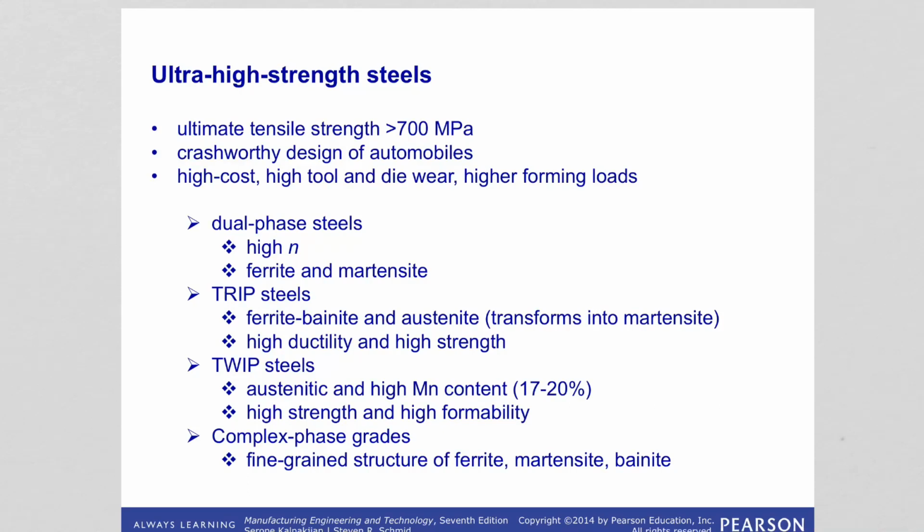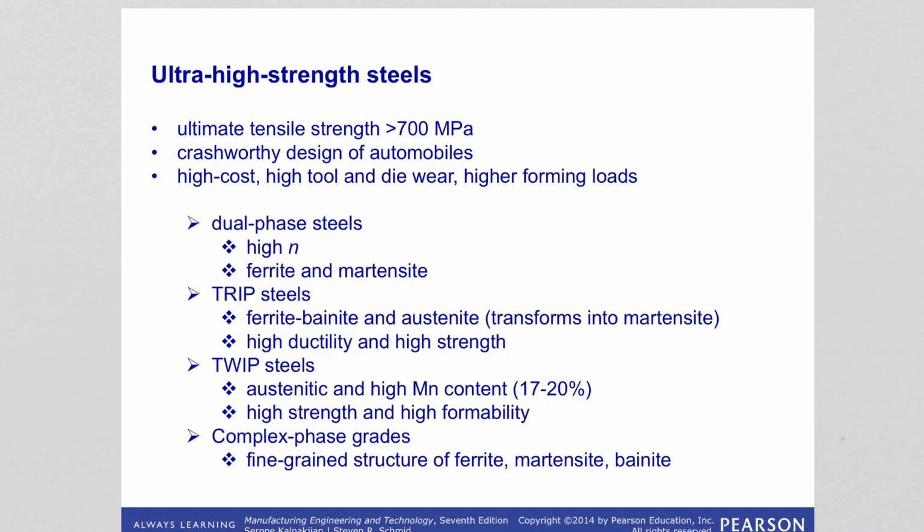So ultra high strength steels have an ultimate tensile strength that is higher than 700 megapascal. There are 5 important types: dual phase, TRIP, TWIP, complex phase, and martensitic.